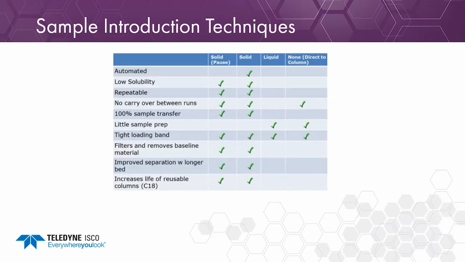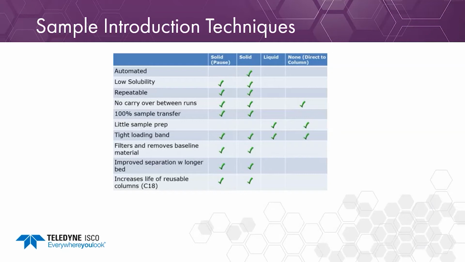So to summarize the different sample introduction technologies and techniques that you can use for flash, we have the solid pause, or solid ready to go on the next gen, and then the liquid option, and then the none, the direct on column. So the solid pause offers you the ability to do low solubility samples. It's repeatable.